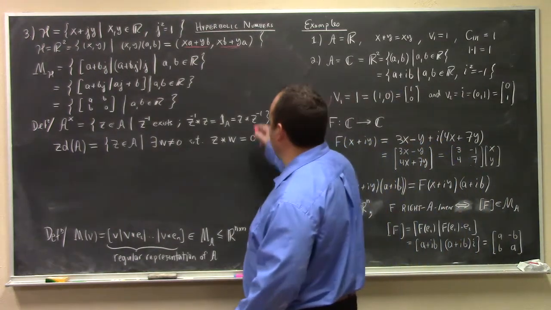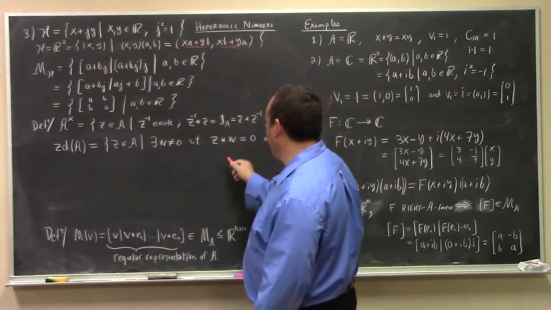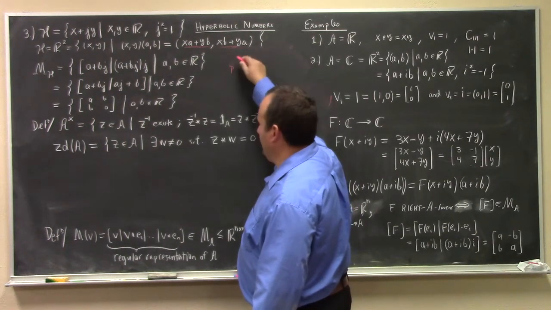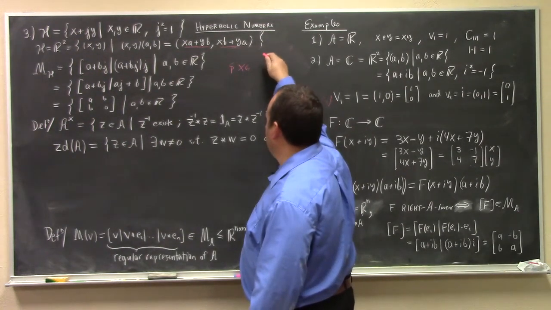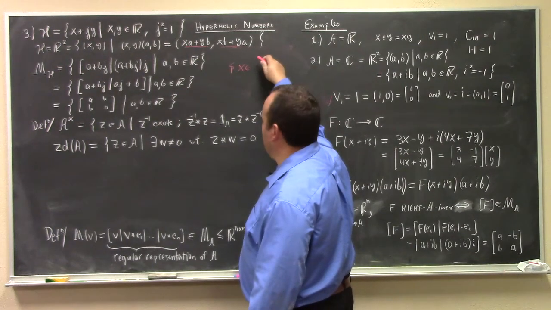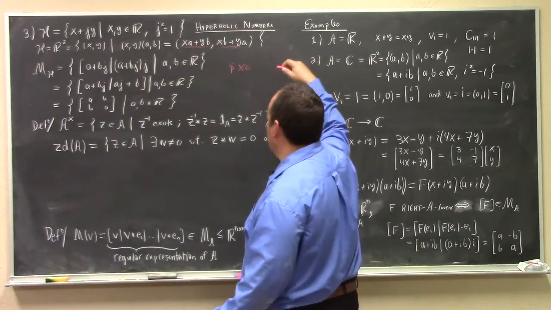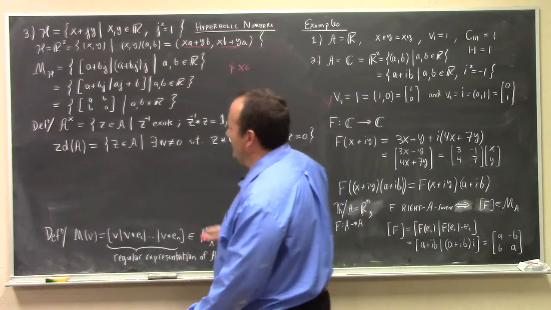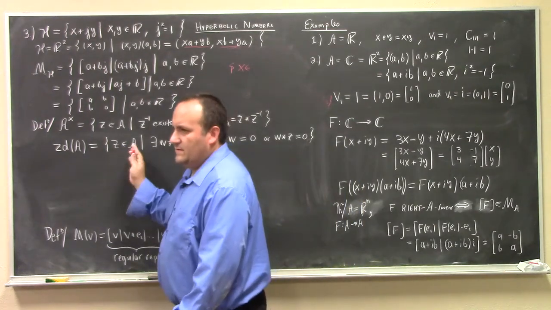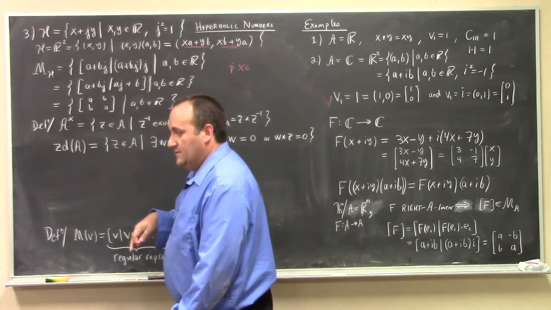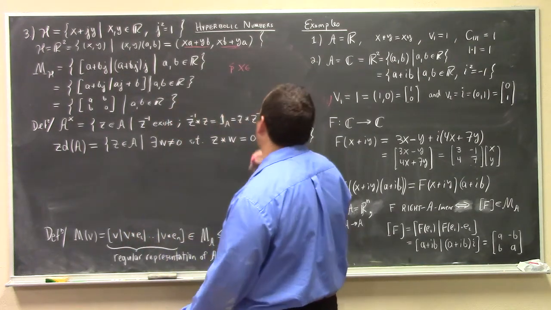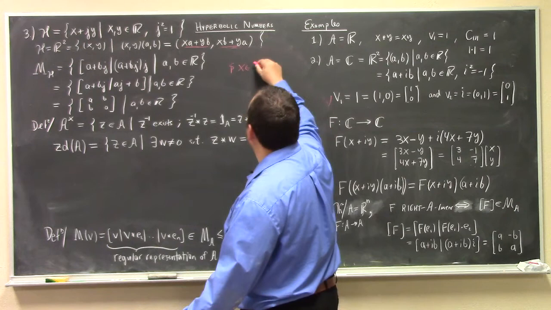Suppose you had a zero divisor. Now, I don't remember if I have included zero. In my current definition, zero's in the set of zero divisors. Anyway, suppose X is a zero divisor.